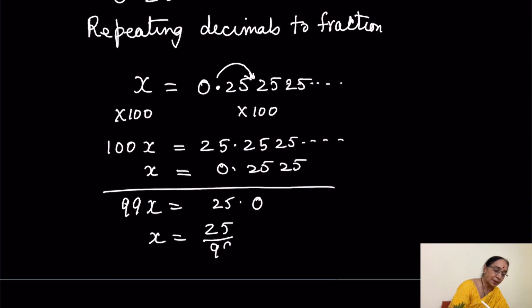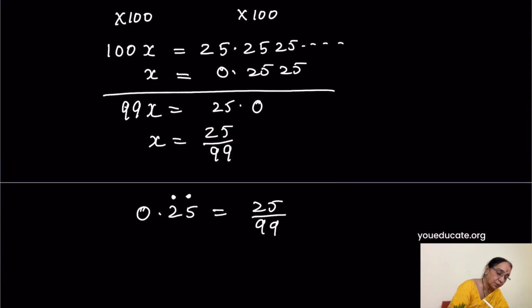So 25 by 99 is the fraction representation of 0.25 where both the digits 2 and 5 repeat. Now in some books you will notice that instead of 2 dots, they give a line above this 25. They denote the same, 25 by 99.